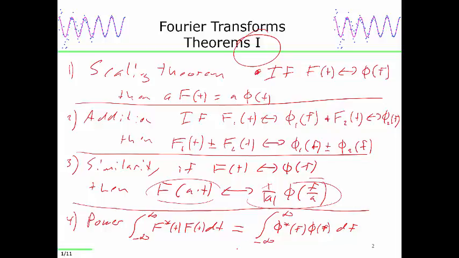This is not a Fourier transform. This is simply stating that the integrated intensity in the frequency domain is equal to the integrated intensity in the time domain. That has nothing to do with the Fourier transform relationship. It's simply a theorem. It's not a Fourier transform pair, the way that these other three theorems are.